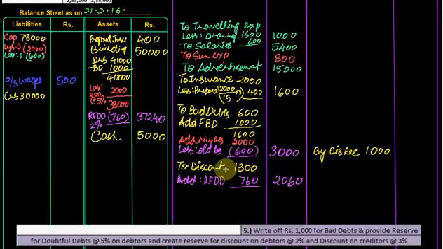Okay, and the last point, 2% on debtors and discount on creditors at the rate 3%. So reserve for discount on creditors, creditors का amount 30,000 है बैलेंस शीट के अंदर, आपको उस पर reserve बनाना है. So less 3% of reserve for discount on creditors, 30,000 into 3%, that comes up to 900. 30,000 minus 900 is 29,100.